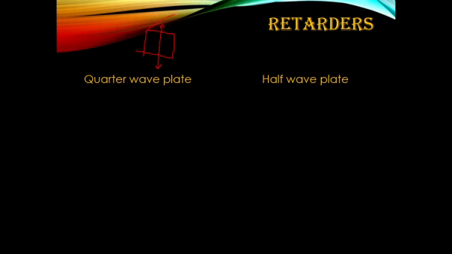Okay, so the optic axis is parallel to the surface and this is the crystal, and let me mark it as O, which is the optic axis. So we have an unpolarized light which is made polarized using a polarizer, and let this be the direction of the polarizer.